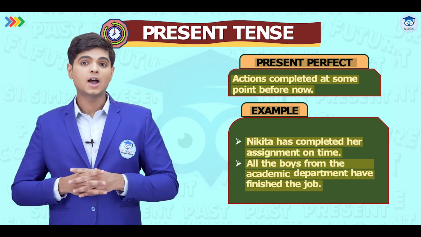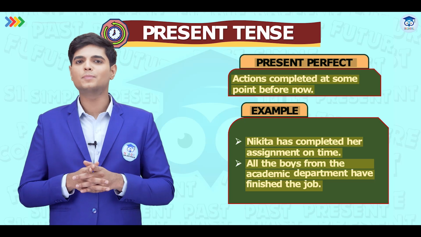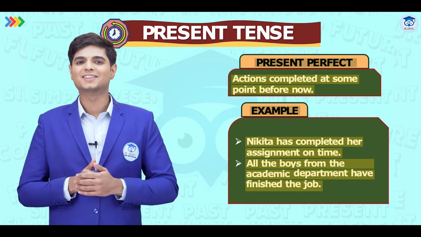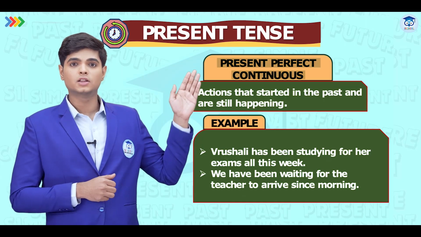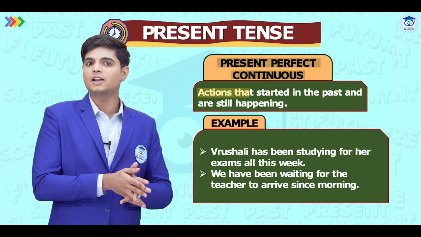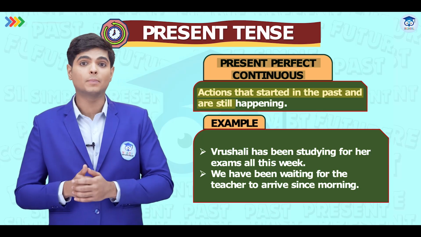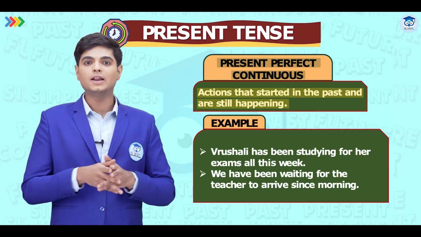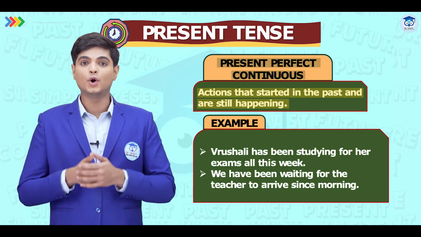Now, what if the action started earlier and is still happening now? Then we use the present perfect continuous. Present perfect continuous tense states the actions that started in the past and are still happening. This simply means that it's used when something began in the past and it's still going on.